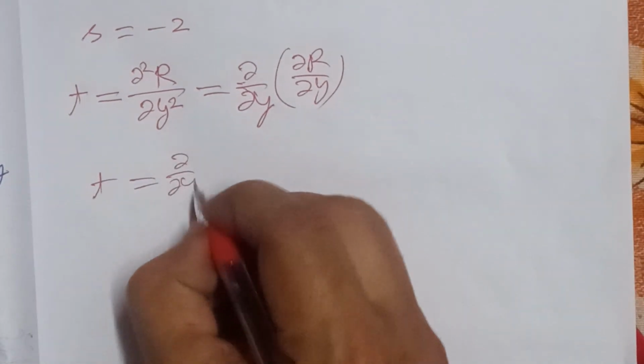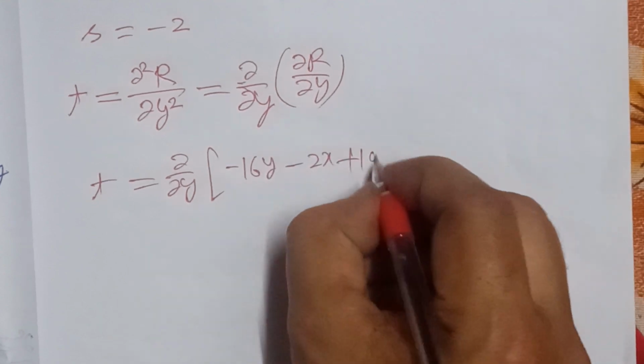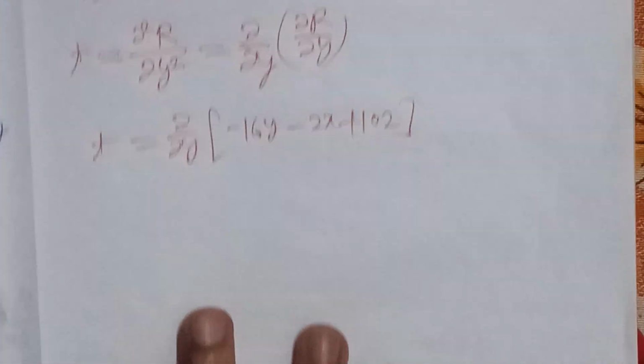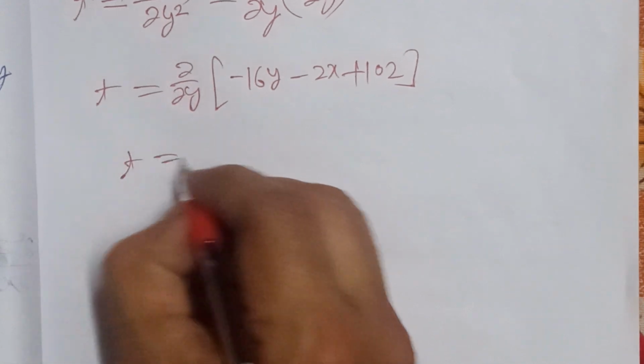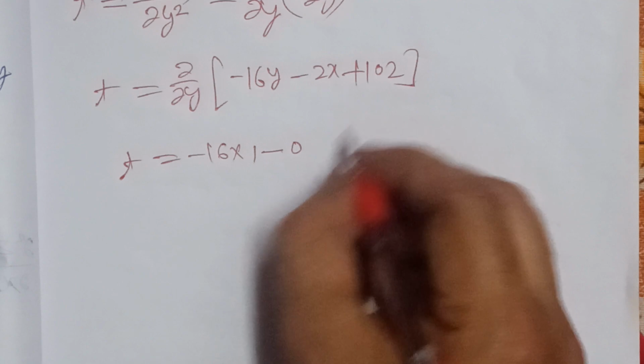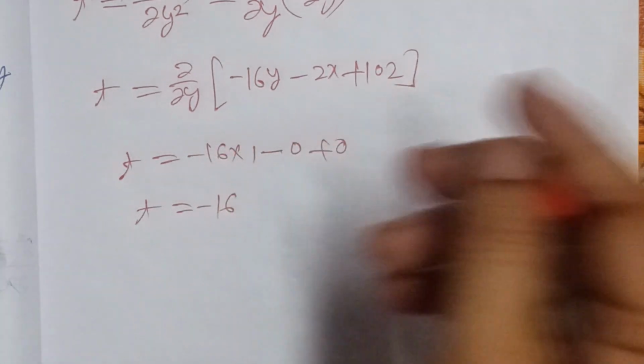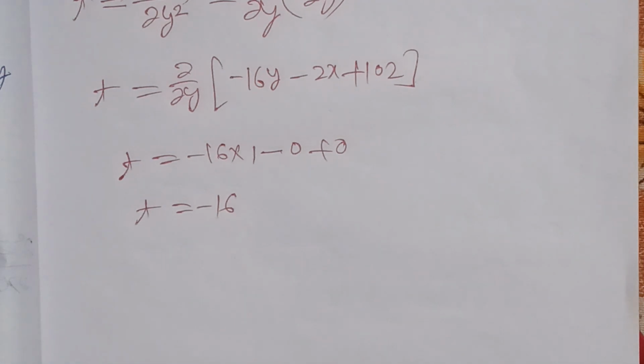So del over del y of minus 16y minus 2x plus 102. On differentiating this value, we get minus 16 into 1 minus 0 plus 0. X is all these values constant.